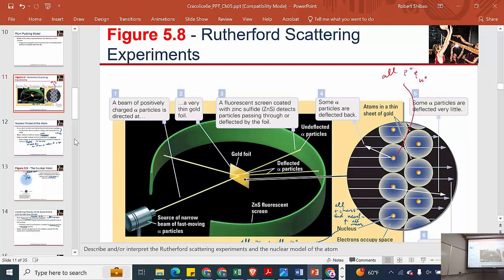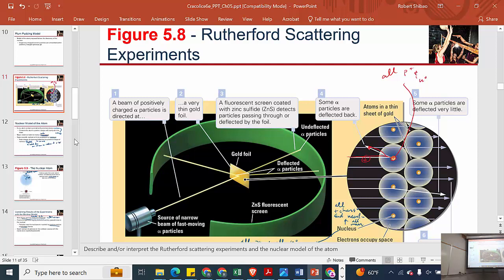Now, the reason the alpha particles bounce off is not because it's heavy. The reason the alpha particles bounce off is because the alpha particles are positively charged. And the nucleus is positively charged. And so if the alpha particle is positively charged and the nucleus is positively charged, then what we have is a repulsion. It's called a Coulombic repulsion or electrostatic repulsion.